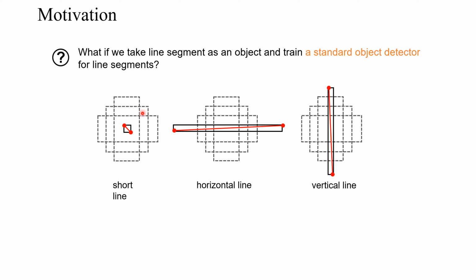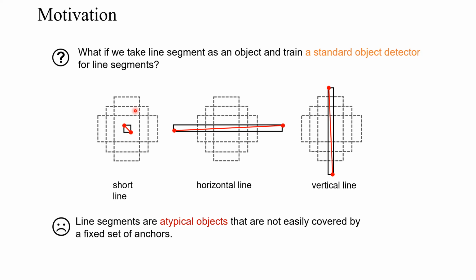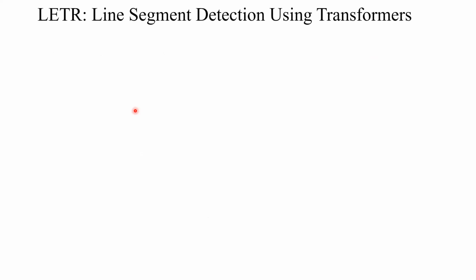These are the anchors for your proposals, right? For people who are familiar with Faster R-CNN: because of this degenerate structure as an object, if you blindly apply Faster R-CNN, the results won't be satisfactory. It gives you a one-shot way of obtaining edges, but it is not optimal, because line segments are atypical.